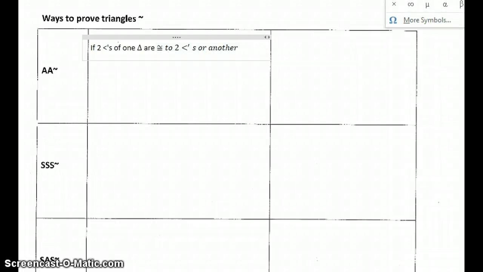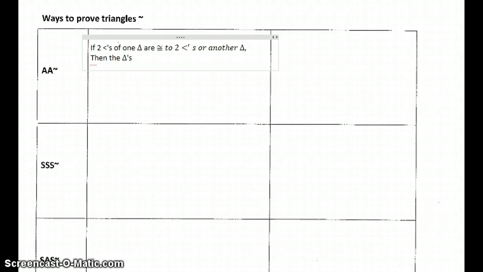If two angles of one triangle are congruent to two angles of another triangle, the triangles are similar.